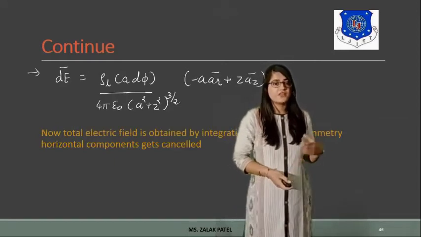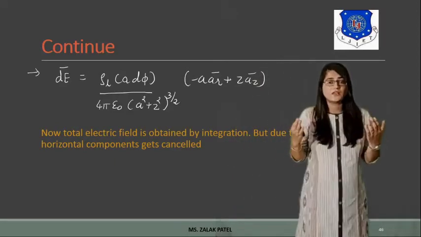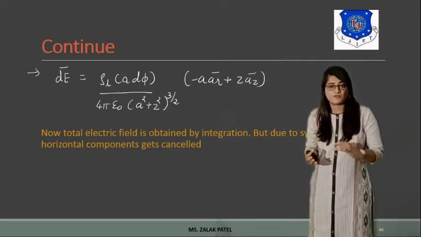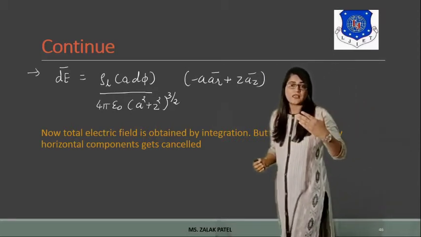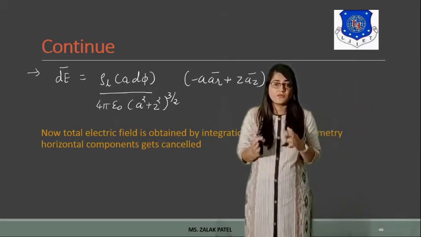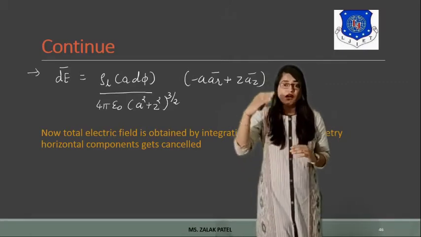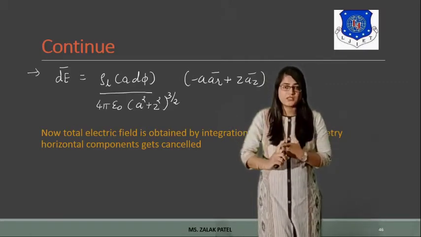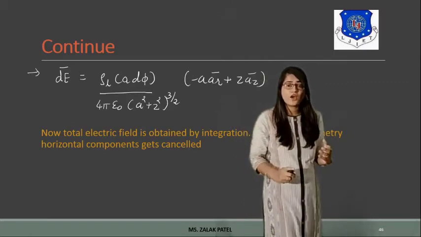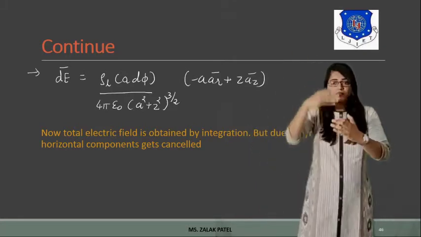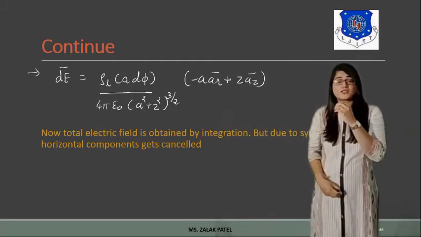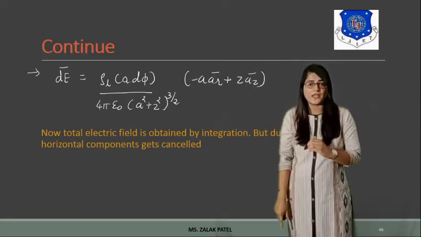Now if you simplify this equation, you get another equation for the electric field intensity. But before that, we have to cancel some terms. Likewise we have done for the infinite line charge, where we had to cancel the vertical component, because charge is located on a vertical line.